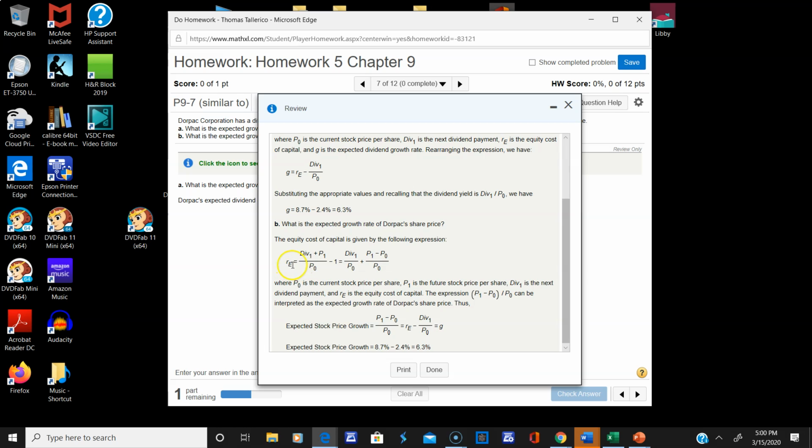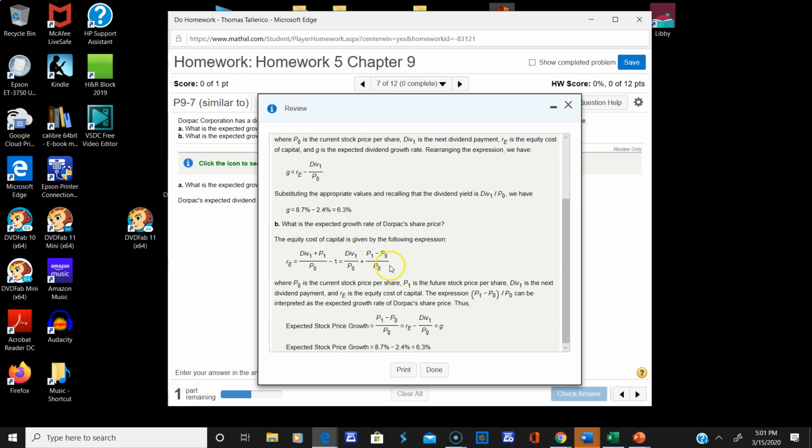And so this is basically D1 over P0, right? Plus P1 minus P0 over P0. So this is the growth rate, which we calculated in part A, right? Everyone see this right here? Look right there. Okay? Plus P1 minus P0 over P0.